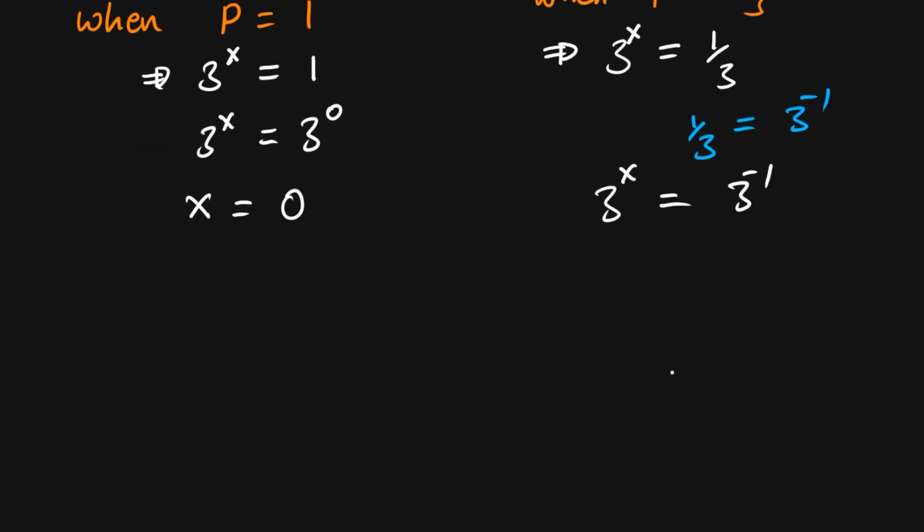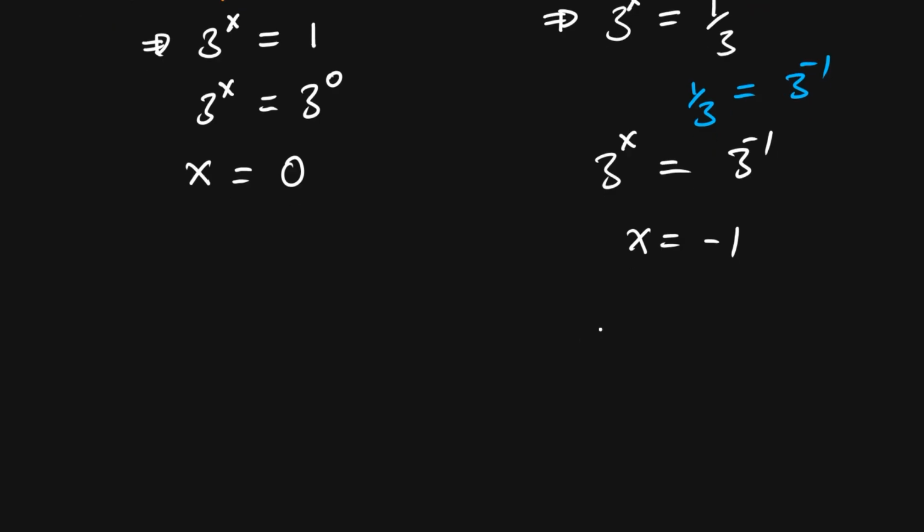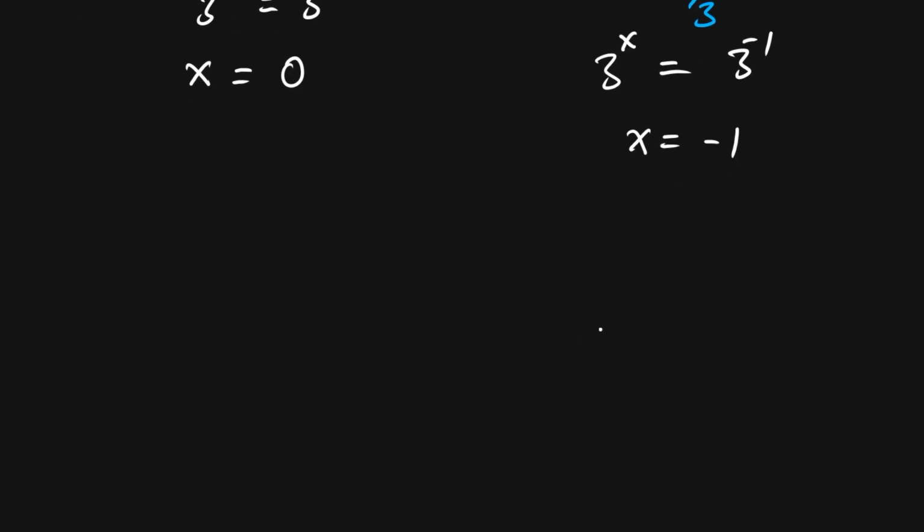And still, from the identity law, x will equal -1. But before we conclude, let's check for the validity of the obtained values of x.